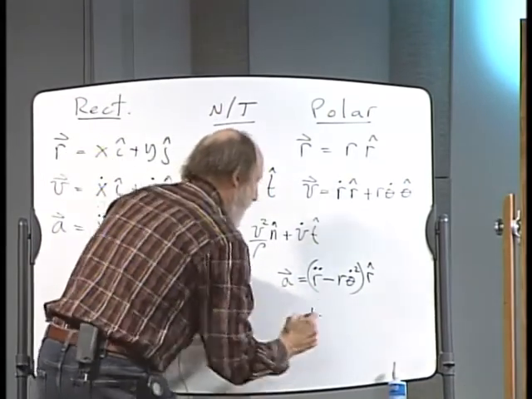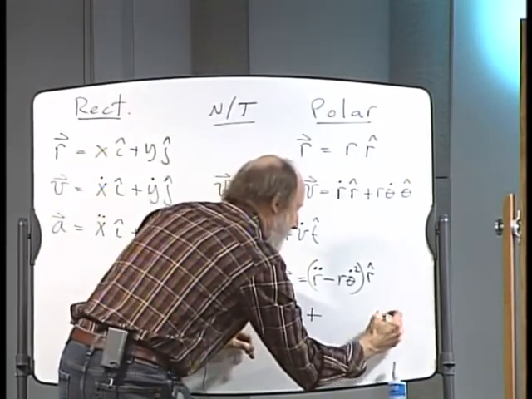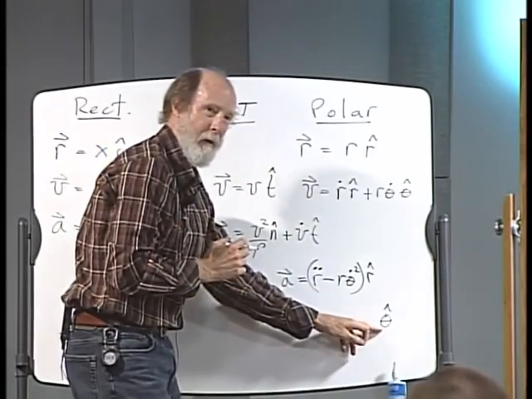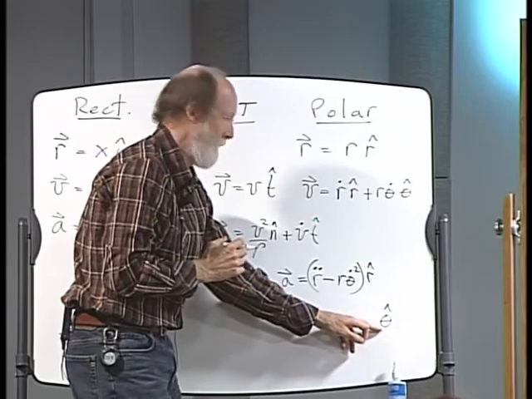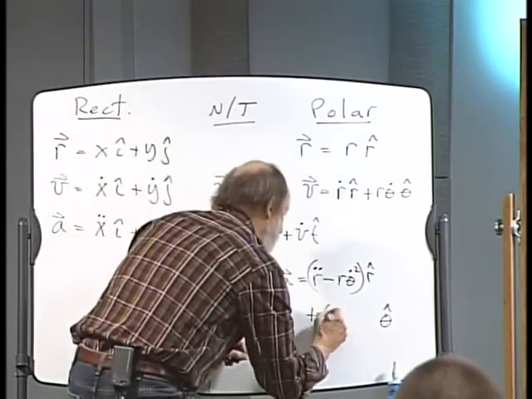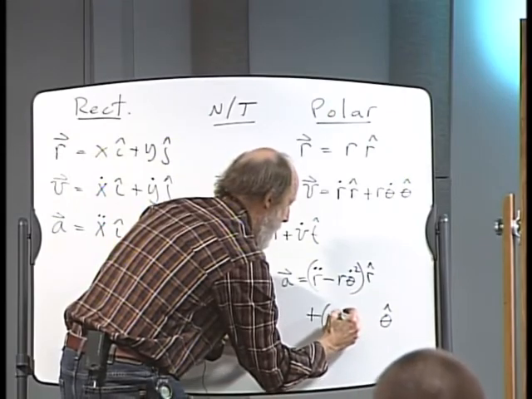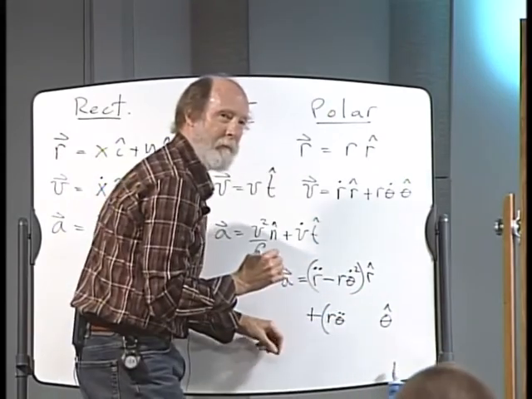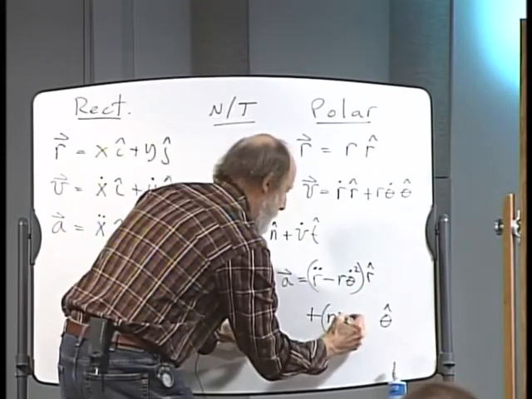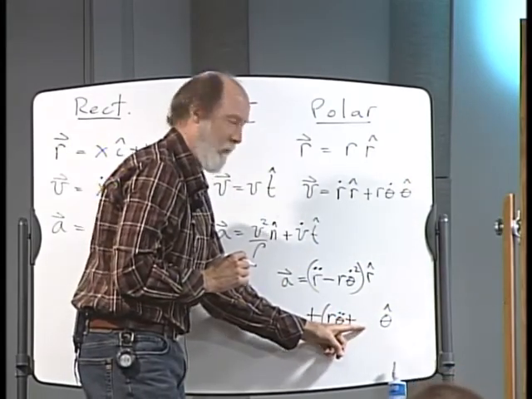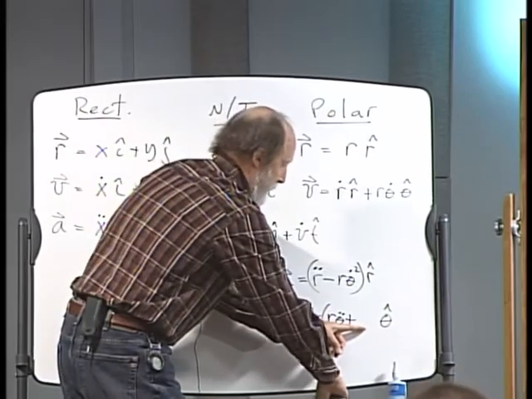And then we have to add to it the theta-directed term of acceleration. This is made up of r theta double dot plus another term that is oftentimes difficult to comprehend.